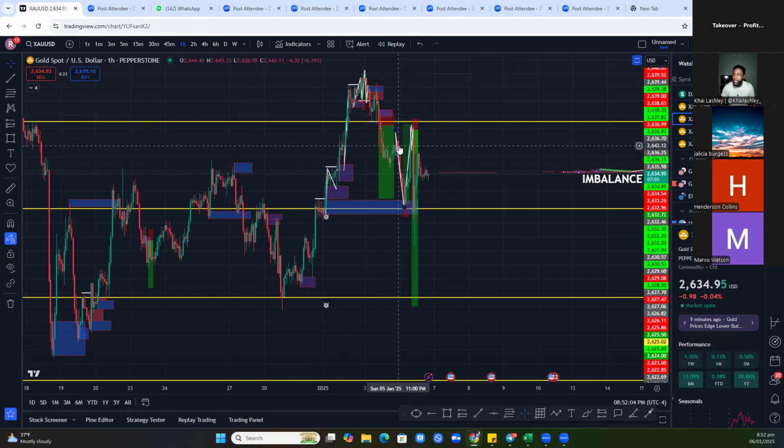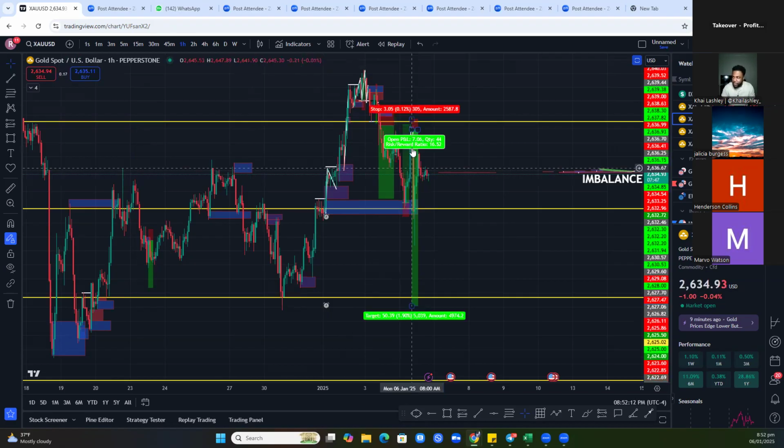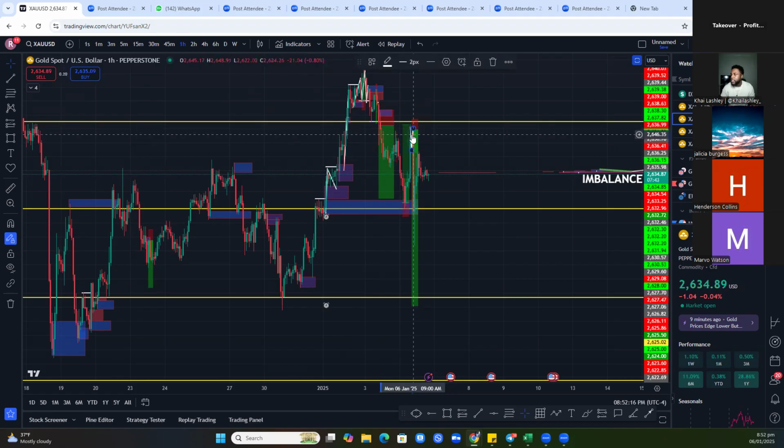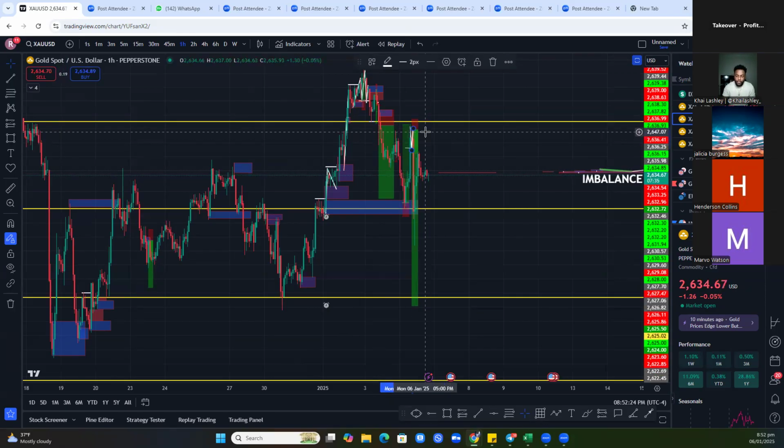I literally just told you what to look for: breaks of structure, imbalance, order blocks, liquidity grabs, engulfing candles.